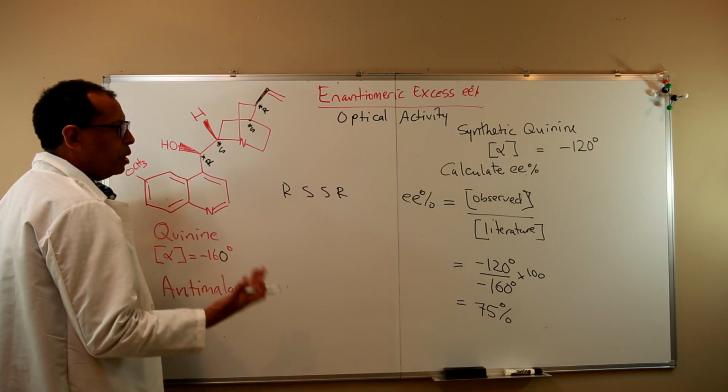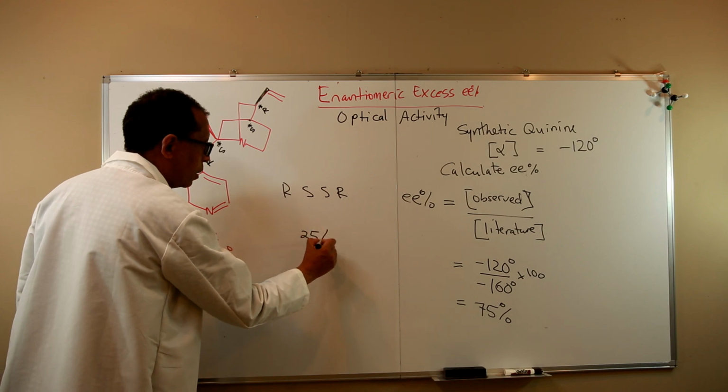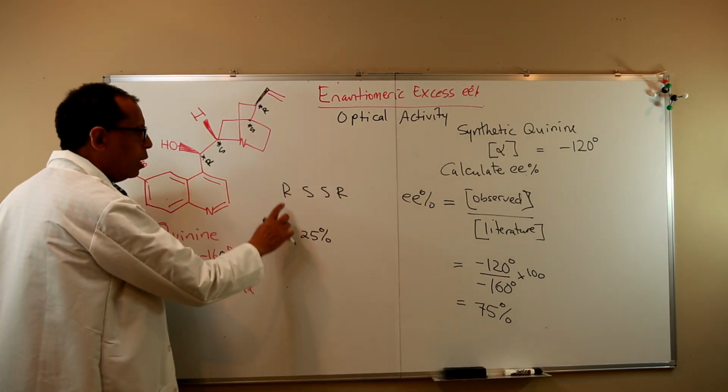So what that means is the rest, 25%, which is 100 minus 75, is a mixture.